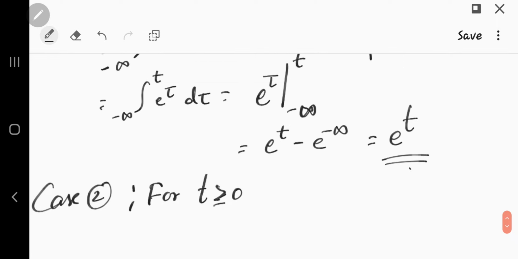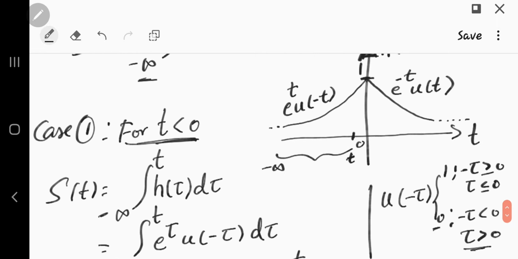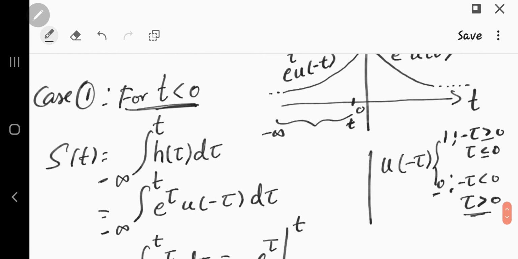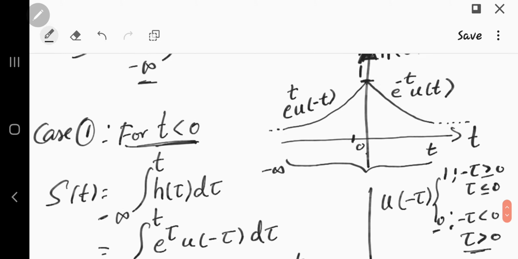So in this case, t greater than or equal to 0, that means I have to put t somewhere here, on the positive axis. So if this is the case, you observe this minus infinity to t. Now in this case, I have to integrate this entire region, which has two different kinds of signals.